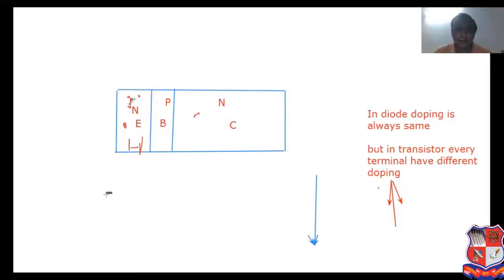Electrons are represented with the help of red color, and holes are represented with the help of blue. See, this is a hole.